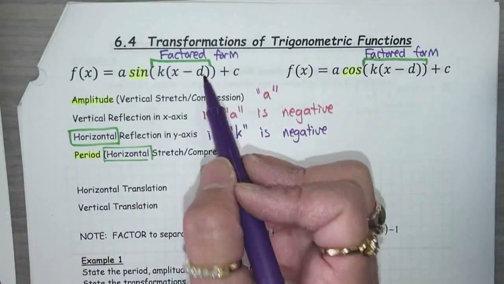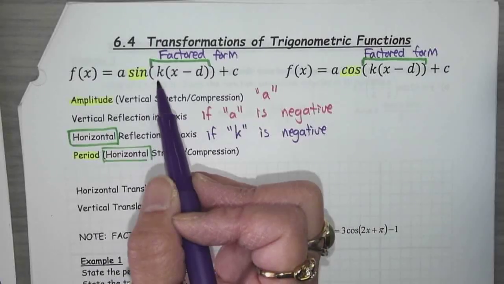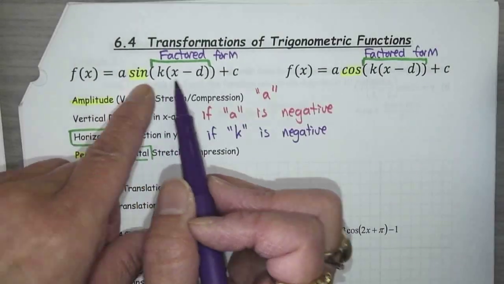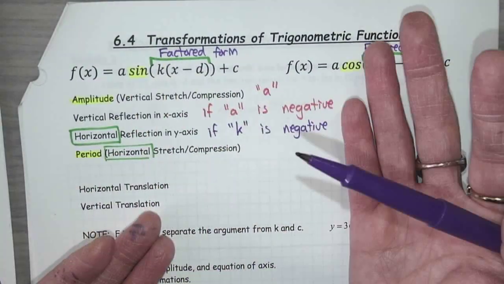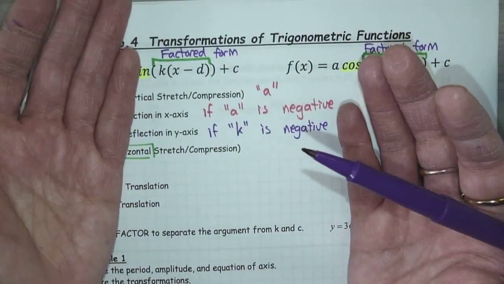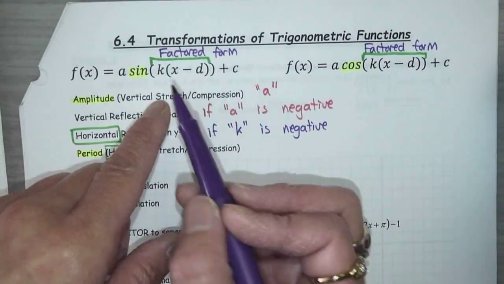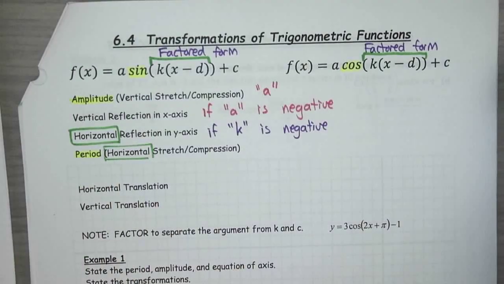That would be fine. But if there's a D value, it has to be factored out from the D. What we want is that we don't want the horizontal stretch or compression affecting the translation. They're two separate statements. You're moving it left or right, and you're stretching it. So you stretch it first, or shrink it, compression, and then you're shifting it. We don't want this affecting this, so that's why we have to factor it out, so it must be in factored form.